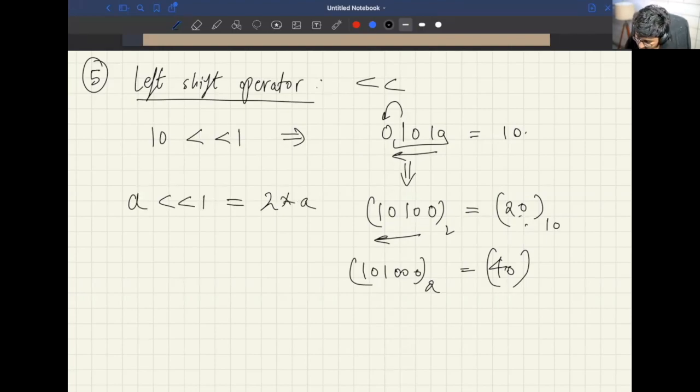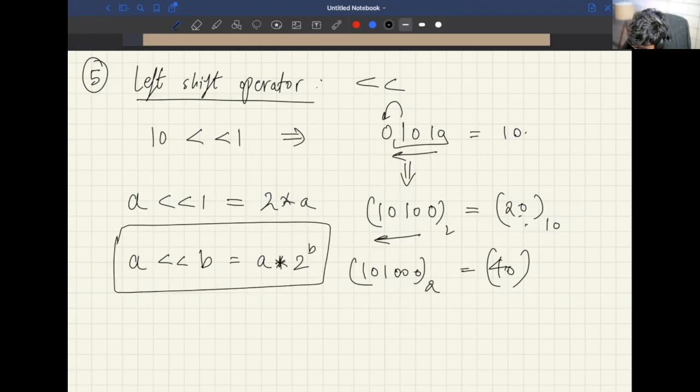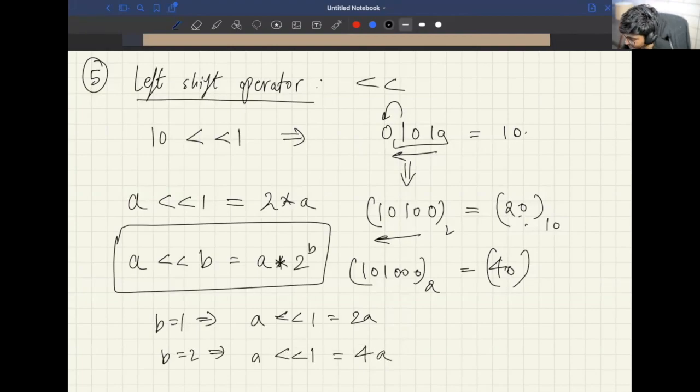So basically, the formula is a left shift b times is actually going to be equal to a into 2 raised to power b. So if b is equal to 1, then a left shift 1 is equal to 2a. If b is equal to 2, then a left shift 2 is equal to 4a, so on and so forth. Sound good?